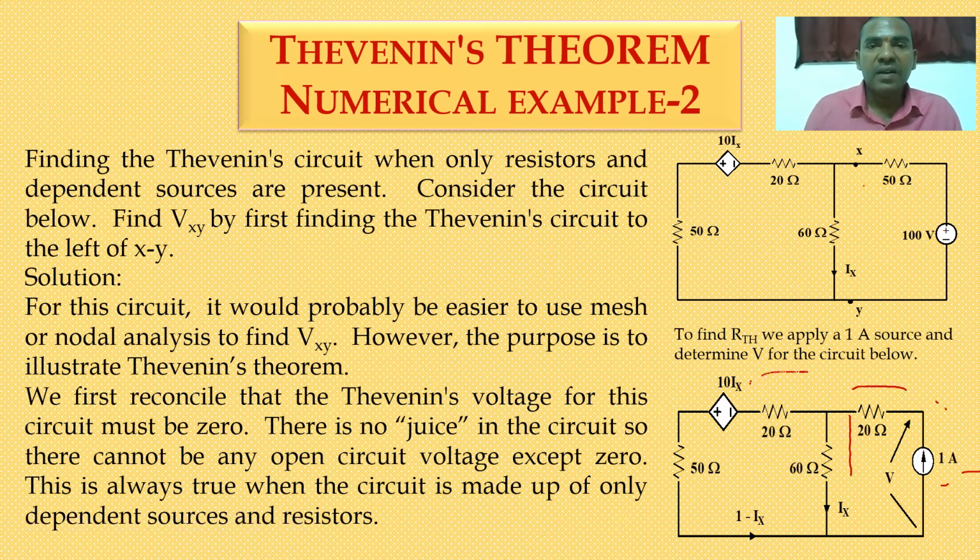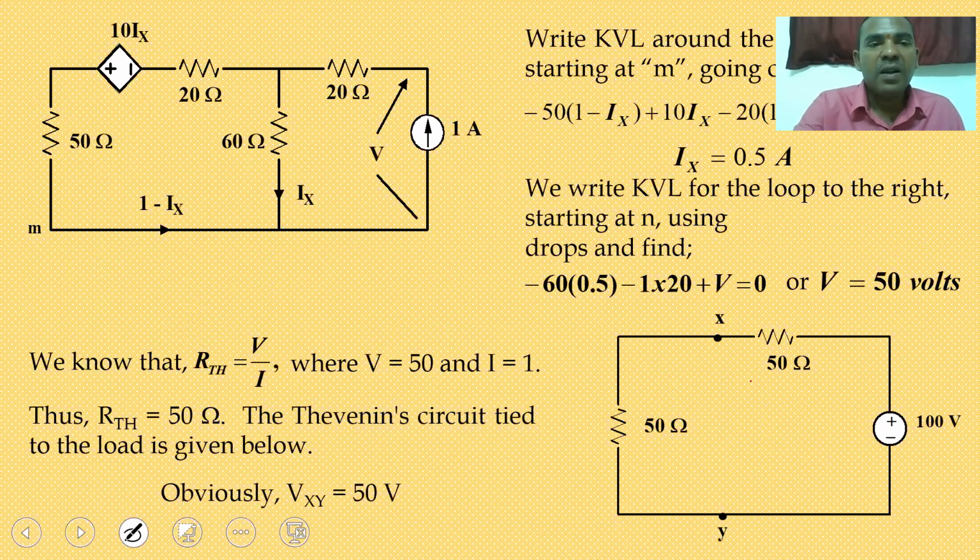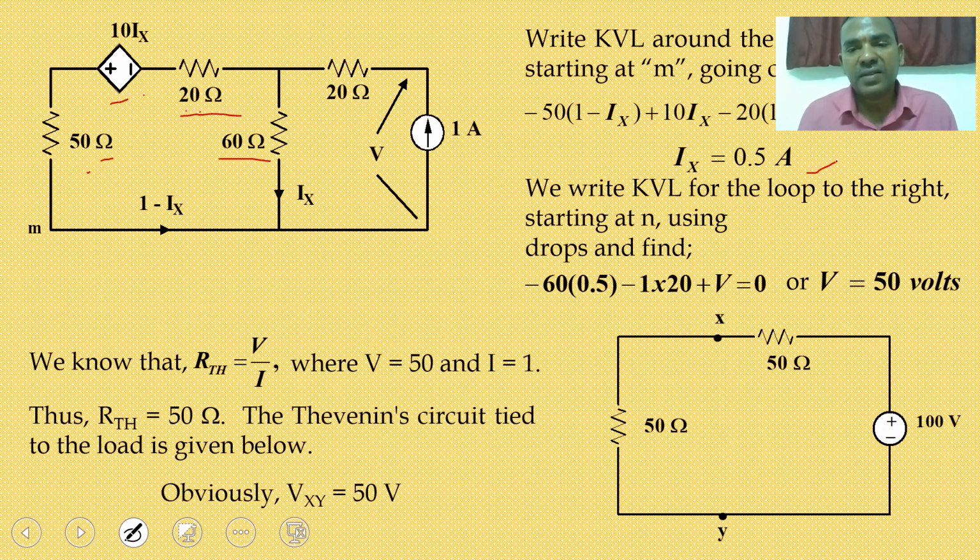With respect to that, we write the expression: minus 50 into 1 minus Ix is the voltage drop across the 50 ohms. 10 into Ix is the current controlled voltage source, minus 20 into 1 minus Ix is the voltage drop across the 20 ohms, and 60 into Ix is the voltage drop across the 60 ohms. Finally, Ix is the variable, so you can get 0.5 amperes.